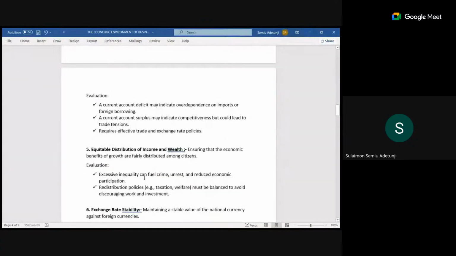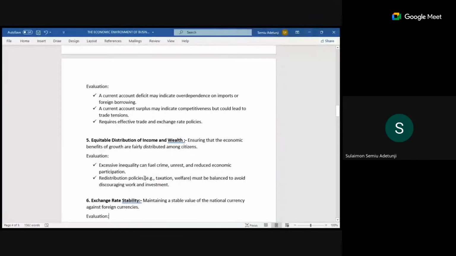So, what are the things you need to look out for if the distribution of income and wealth is distributed equally? Excessive inequality can fuel crime, unrest, and reduce economic participation.